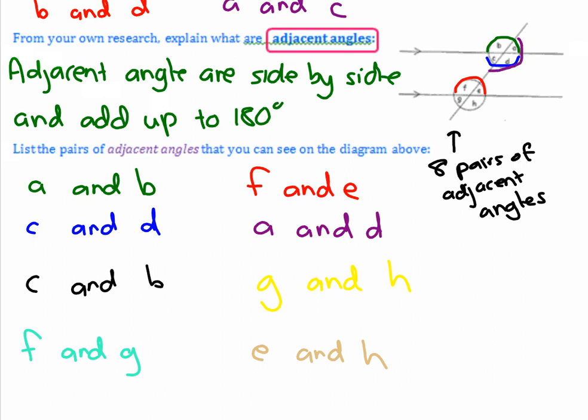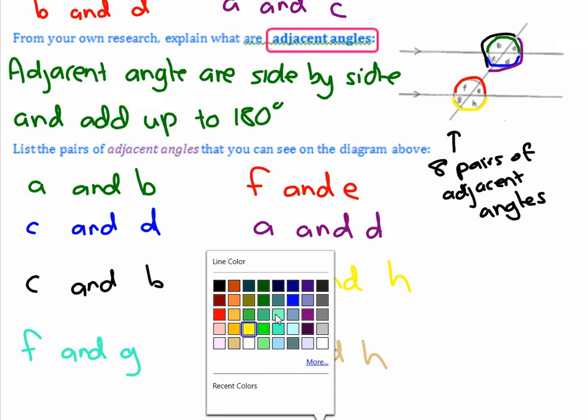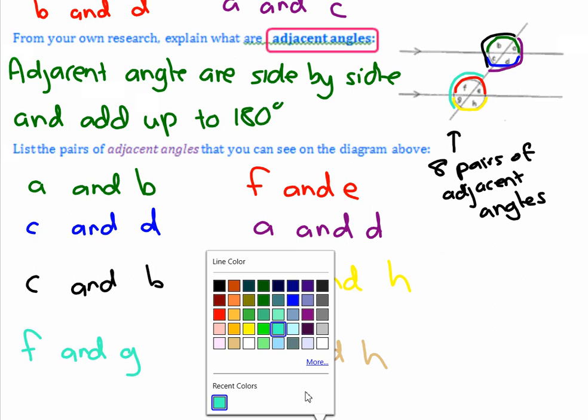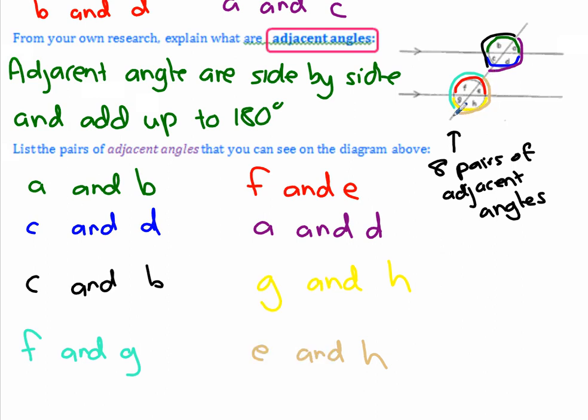We have C and B. G and H. F and G. We have E and H. So 8 pairs of adjacent angles.